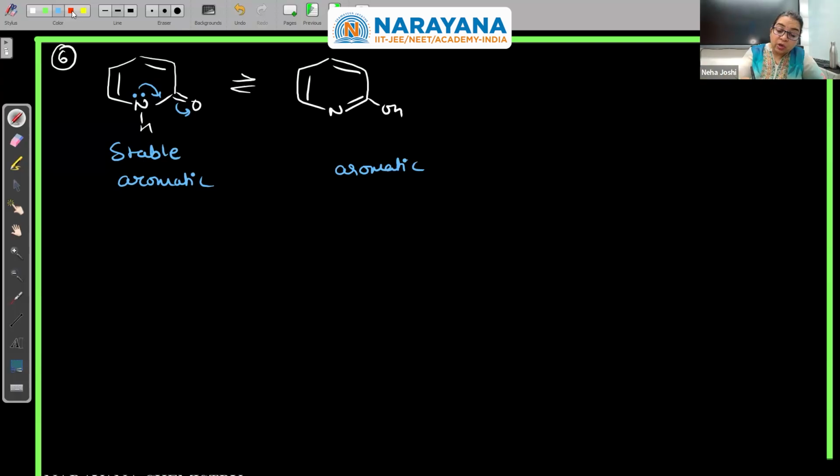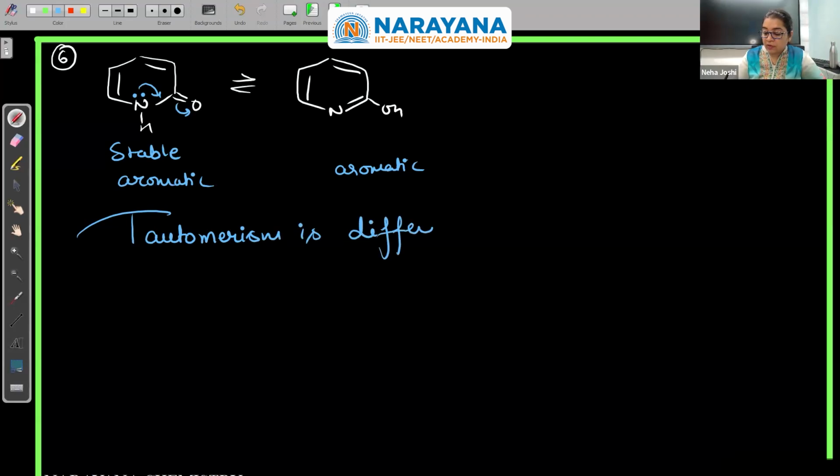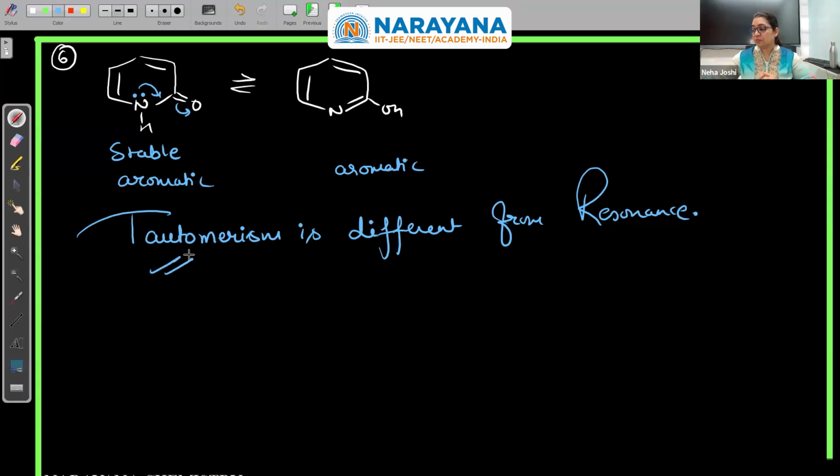And remember, tautomerism is very much different from resonance. In case of resonance, what was happening? All those structures were imaginary and only the hybrid exists. You can never isolate or study a resonating structure, whereas in tautomerism, those structures are real.